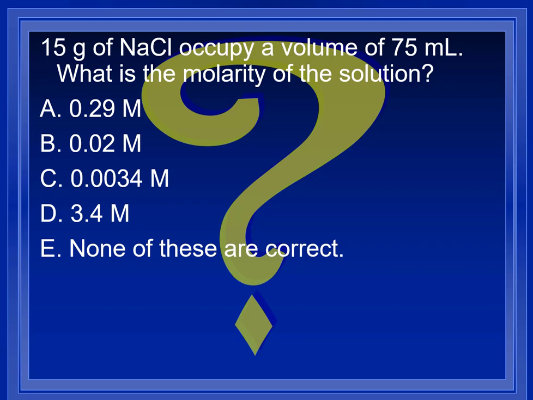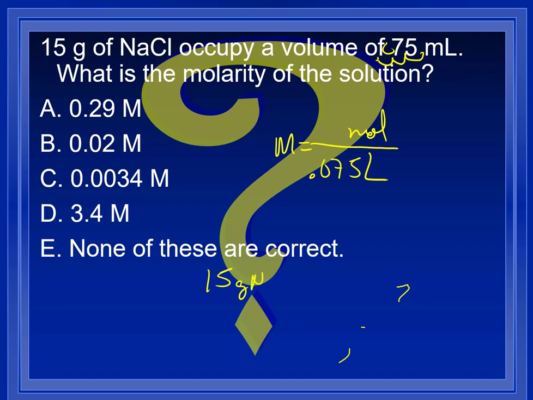Molarity is moles over liters. The 75, I can move it over 3 times and get 0.075. I don't have moles though. I have grams. Hey, can we turn grams into moles? Yes, we can. We've done it once or twice this year.